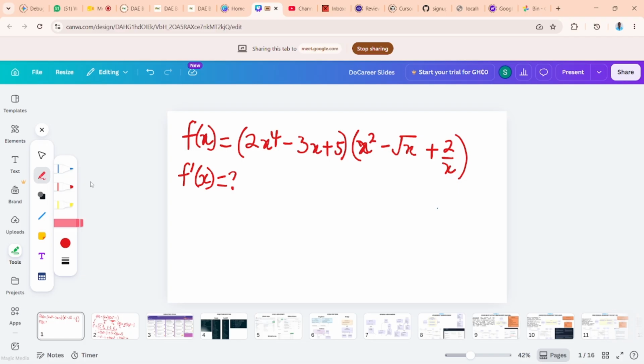No, it's not minus 2 this time. Yeah, minus 2, then x raised to the power negative 2. Yes, so that's the same thing that you mentioned.